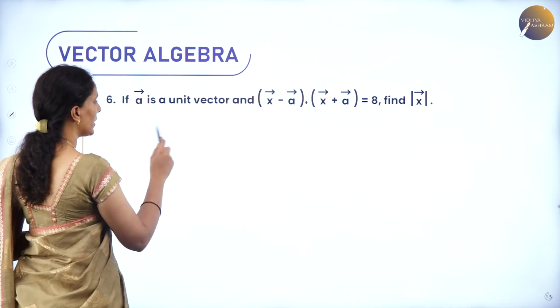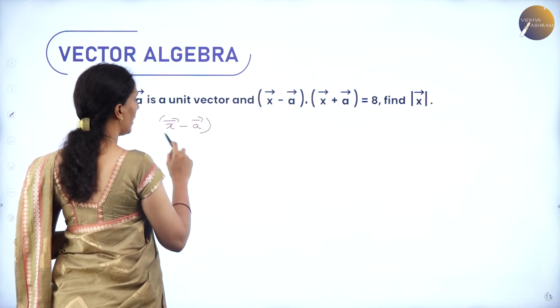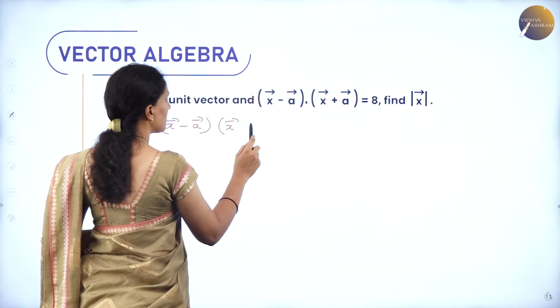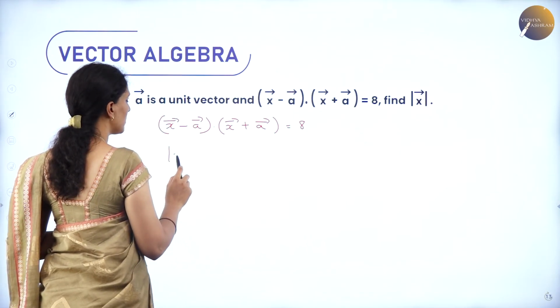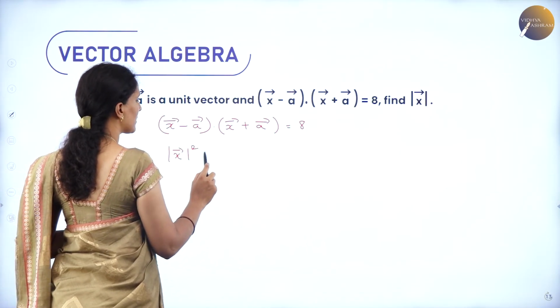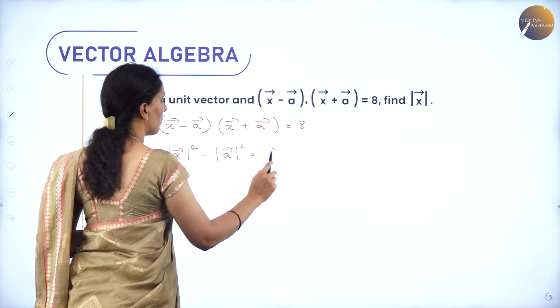So now again using the same formula, vector x minus vector A dot vector x plus vector A is equal to 8, which becomes magnitude of vector x square minus magnitude of vector A square is equal to 8.